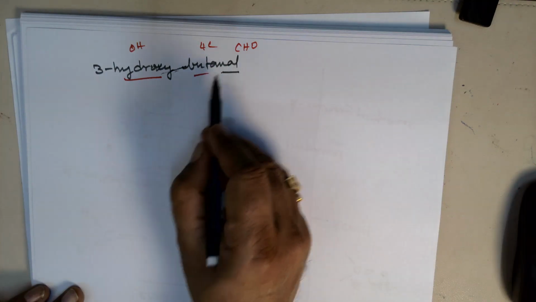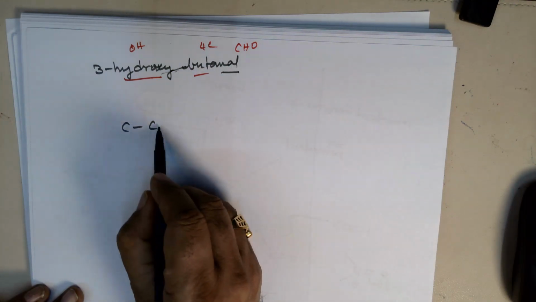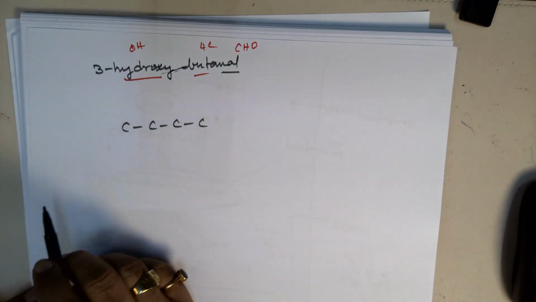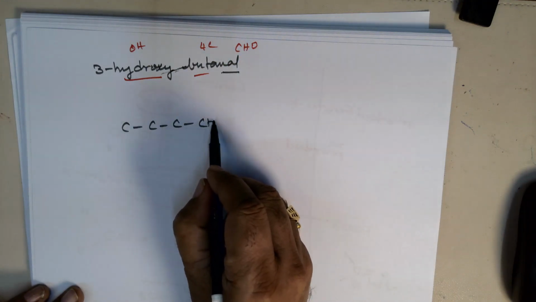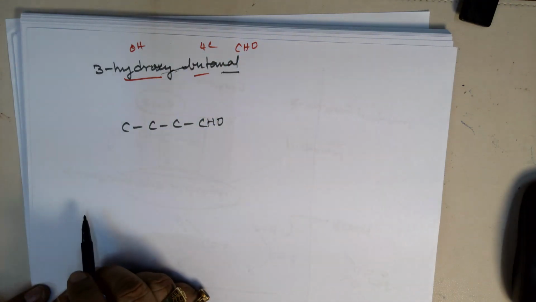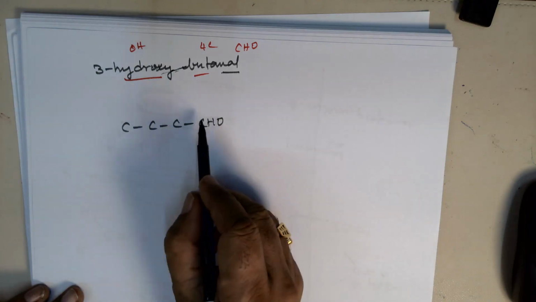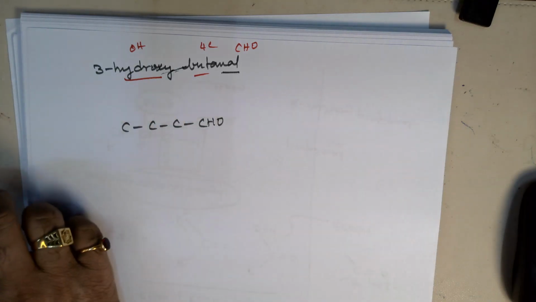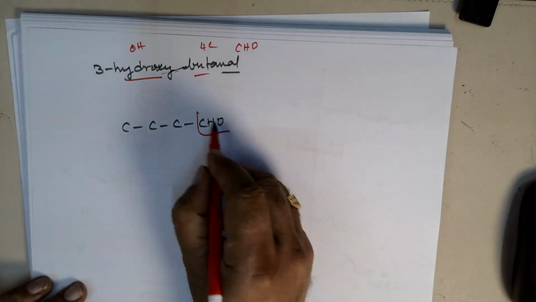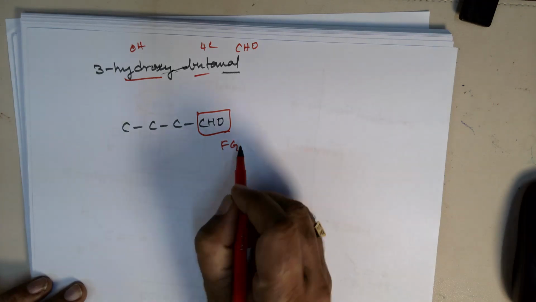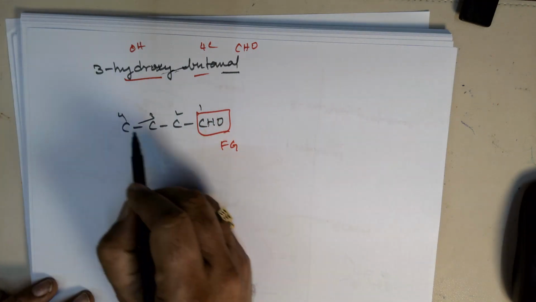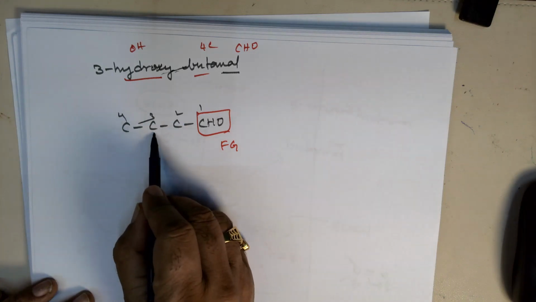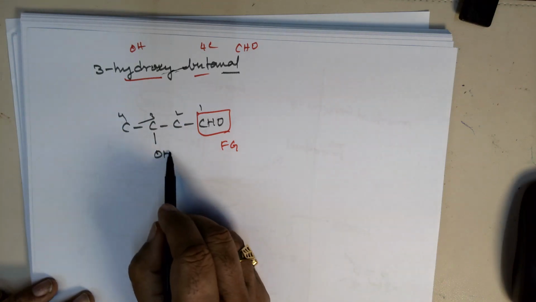So a butane chain should be drawn 1, 2, 3, 4. That includes CHO. So you can put CHO here. And then 3-hydroxy. This is the functional group. So this is the first one, second one, third one, fourth one. Third one means 3-hydroxy, OH.